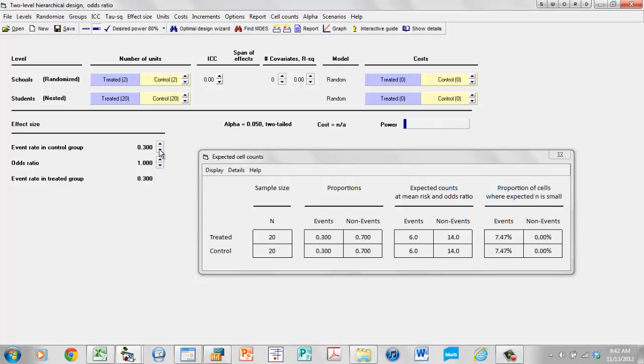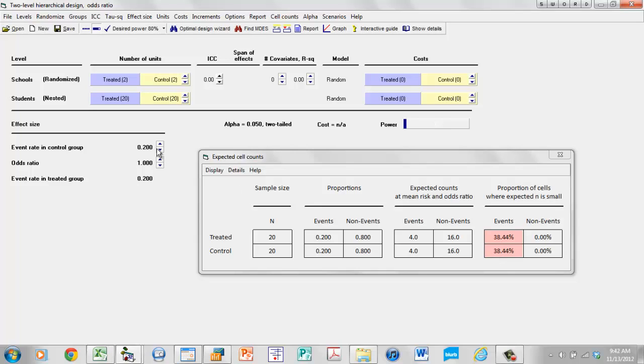If the prevalence drops to 0.2, then the expected number of events is 4, and it should therefore be intuitive that a decent proportion of them are going to have cell counts of less than 3.5.